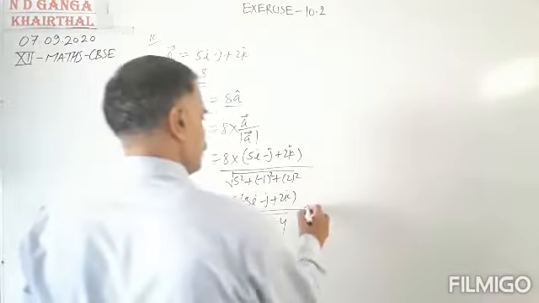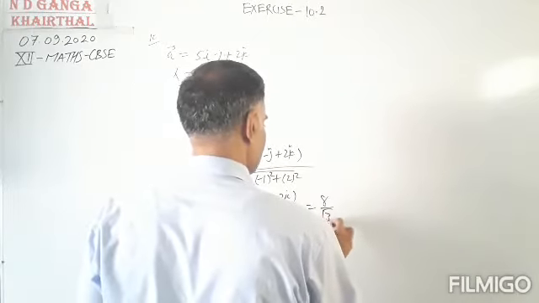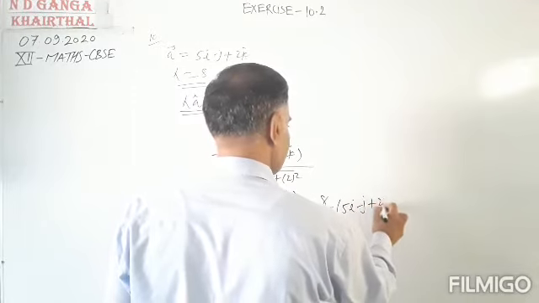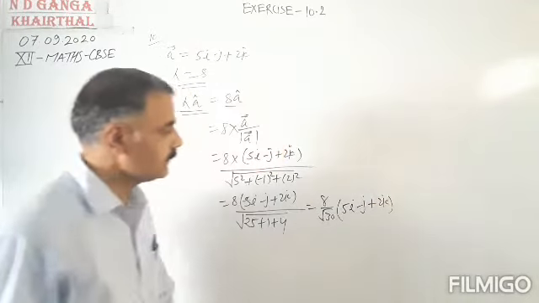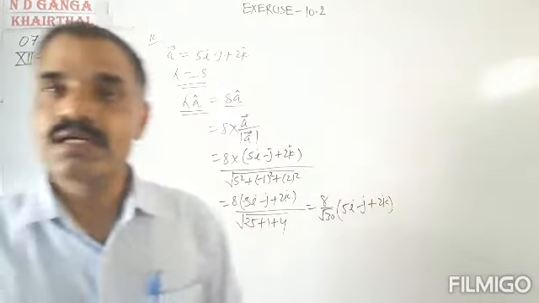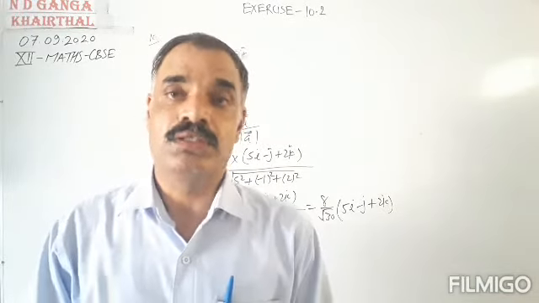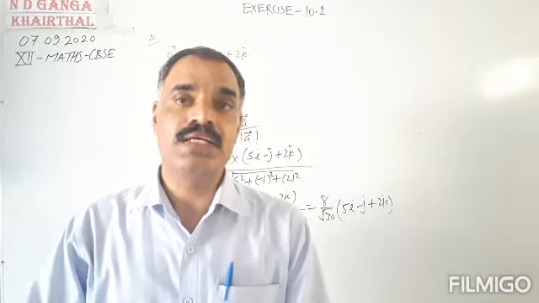So 8 upon under root 30 multiplied by (5i cap minus j cap plus 2k cap). This is the vector in the direction of the given vector and having the magnitude 8 units. Okay, lambda a cap is the formula.